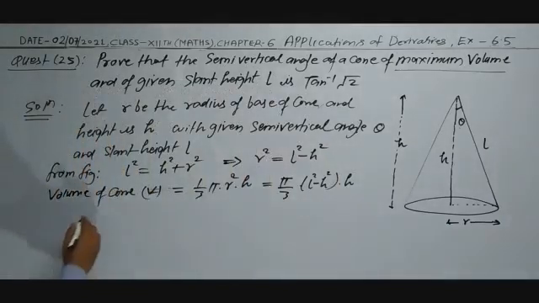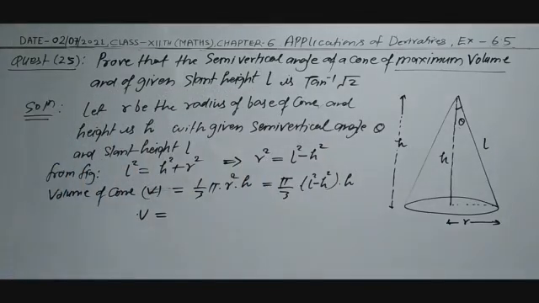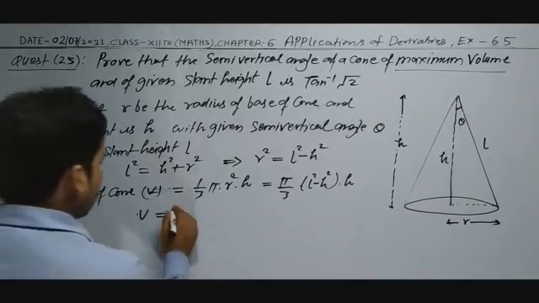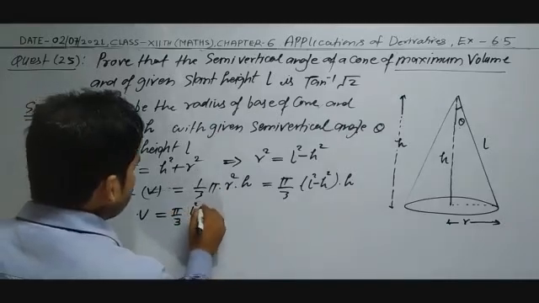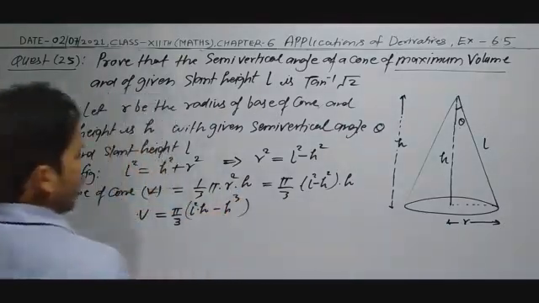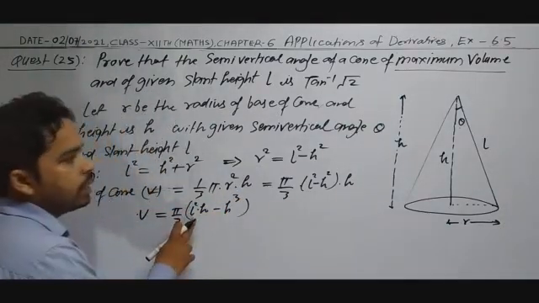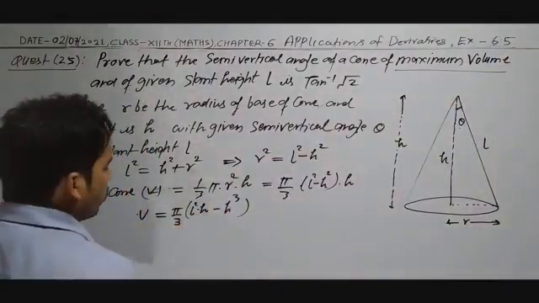Now V is equal to pi by 3 into L square minus h square into h. Multiply, and we get pi by 3 into L square h minus h cube. Small l is given in this question, so it will be constant.